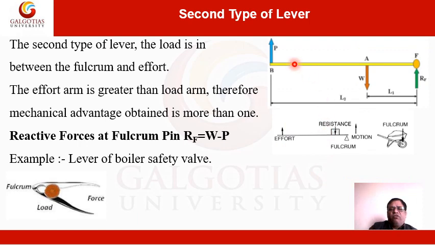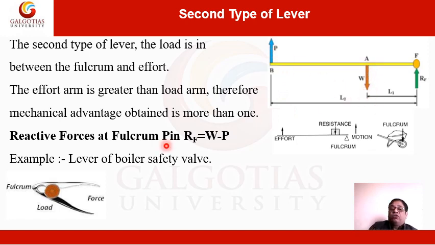In the second class of lever, the fulcrum position is at one end. The position is changed from in between to one end, in the second class lever. Here the direction of effort and load is opposite.